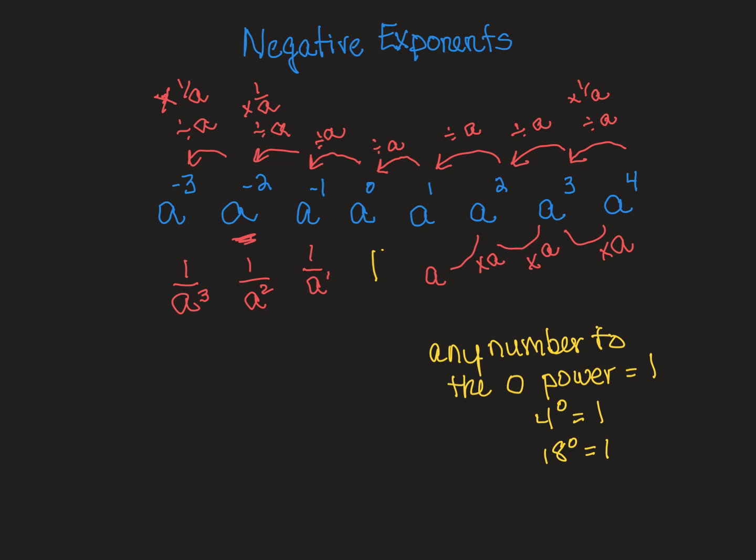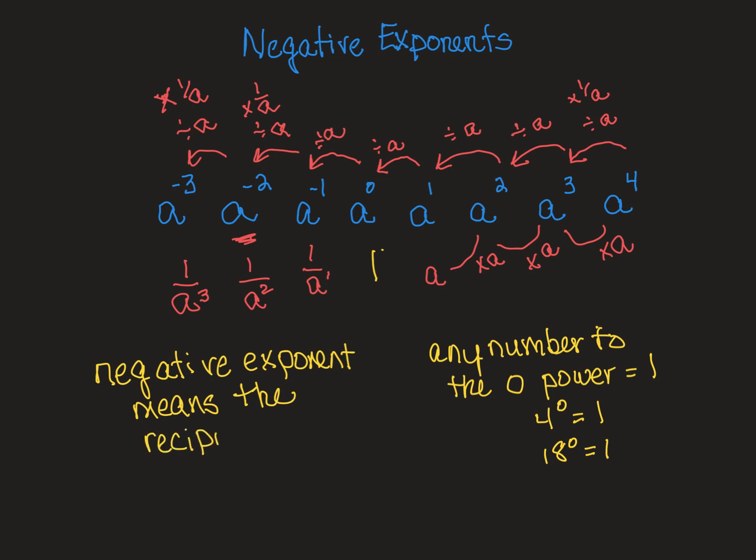So for a negative exponent, please make sure you're writing this down, negative exponent means the reciprocal. And of course, you keep the positive power.